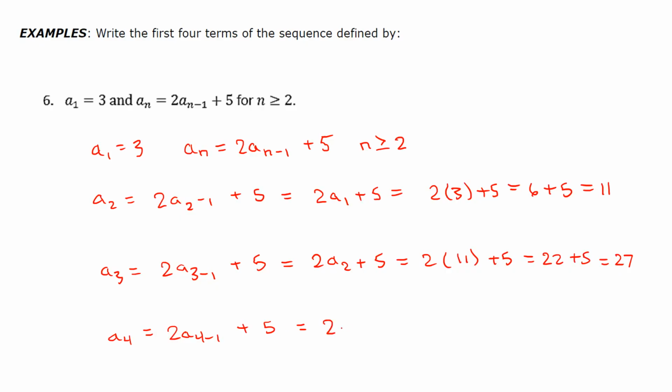Then we'll have 2 a subscript 3 plus 5. So that's 2 times 27 plus 5, which is 54 plus 5, which is 59. So the first 4 terms in this sequence are 3, 11, 27, and 59.